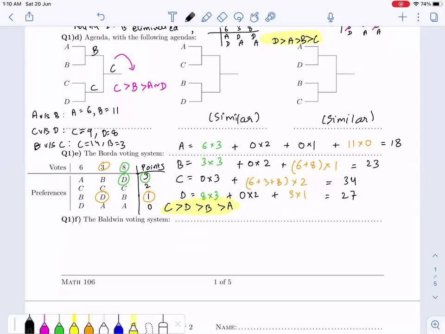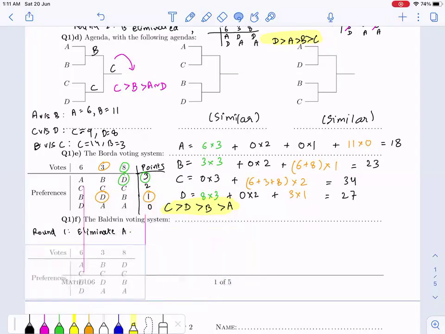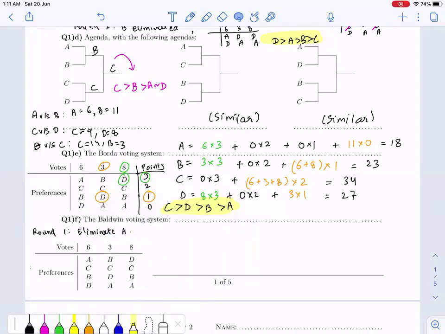Okay. Now let's do Baldwin voting system, which is just BODA voting system done in rounds. So in round 1, you eliminate A. Now this time, your voter profile would look something like this.